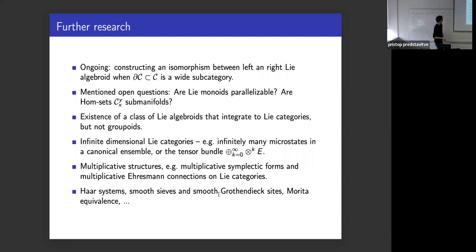And then there's the nasty question of infinite dimensionality. If you try to generalize the case of statistical thermodynamics to when you have countably infinitely many microstates, you're going to get a certain kind of infinite dimensional Lie category. Another example would be the tensor bundle.